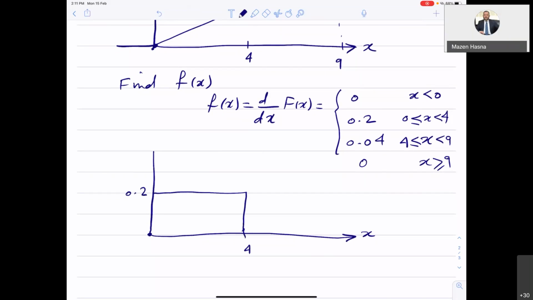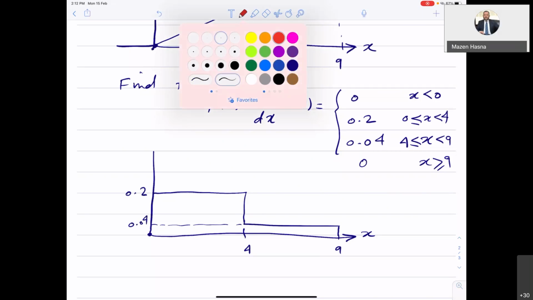And between 4 and 9, it has a smaller value, like this. It is 0.04.